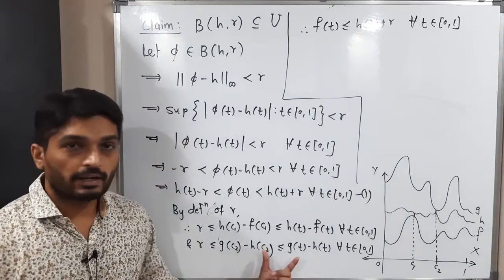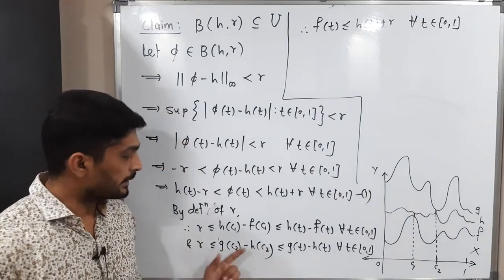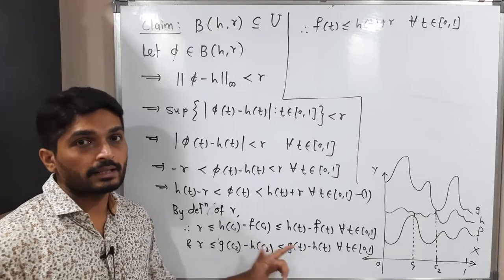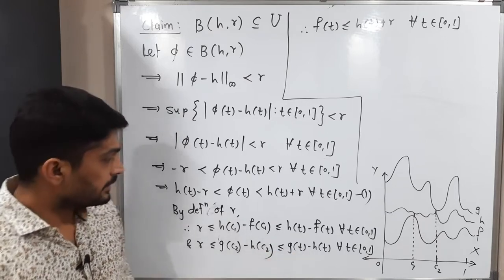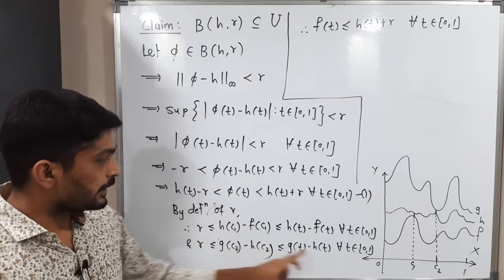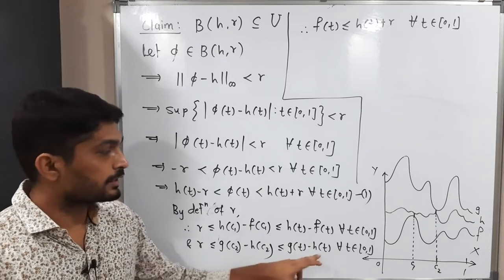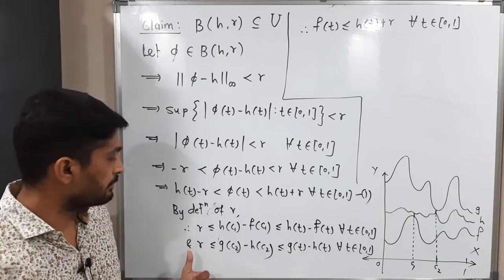Okay, from this inequality, I will do the same. A less than b, b less than c, so a less than c, right? I'm going to shift h of t on this side. So h of t is minus here, if you shift it here, it will be plus.